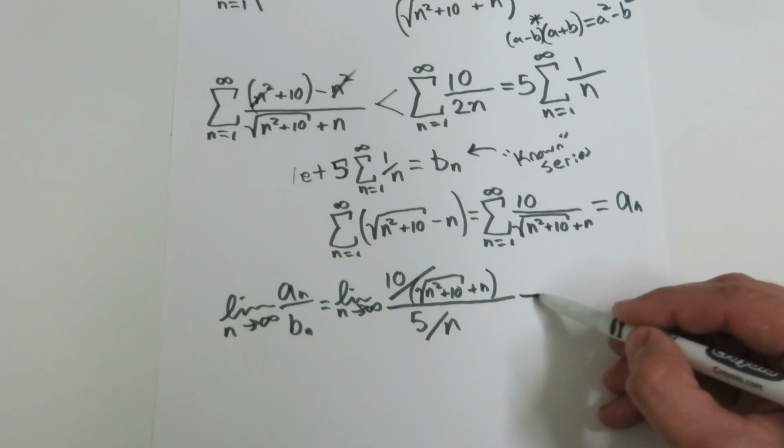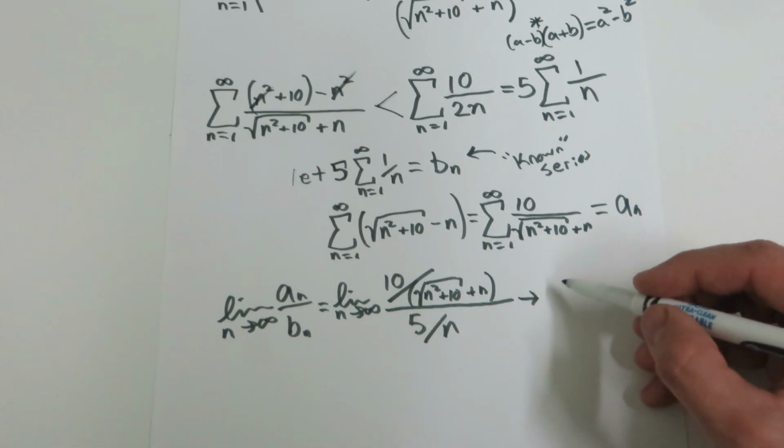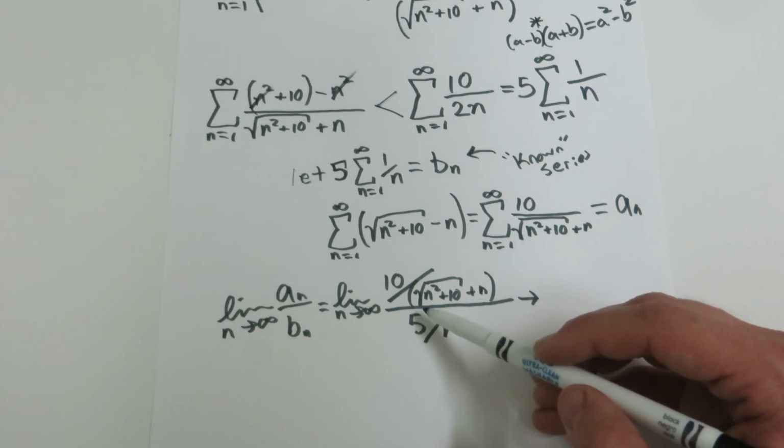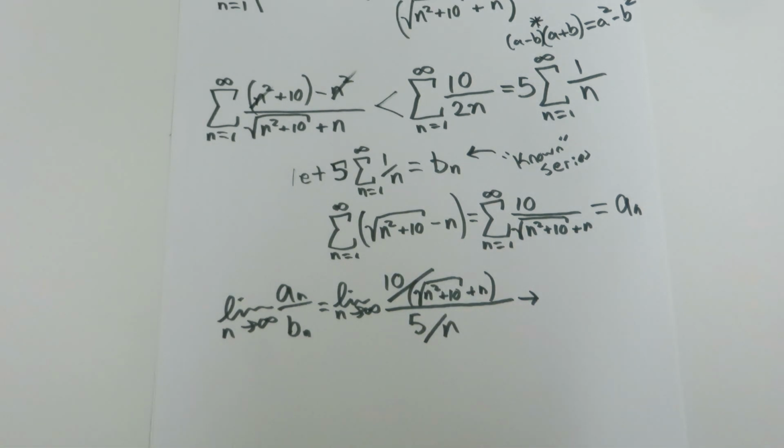And this is just going to go to, I like to use the little arrow to show what it eventually goes to. So obviously the 10 divided by 5, this is just equal to 2.